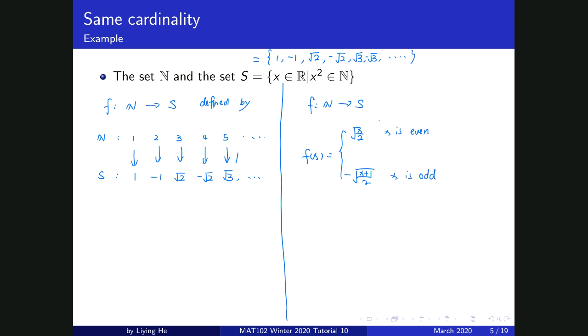Again, I personally prefer the arrow version for two reasons. First, it's really clear what element you map to what. Second, it's so clear that you don't even need to show that it's bijective because it's clearly bijective. But for this one, it's not so easy to see that it's a bijective function, so you actually need to prove it.